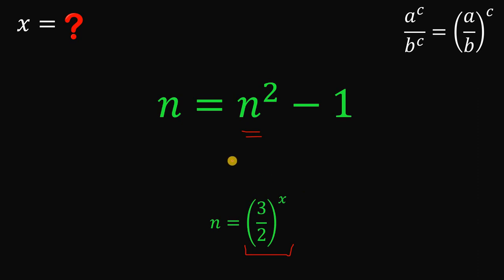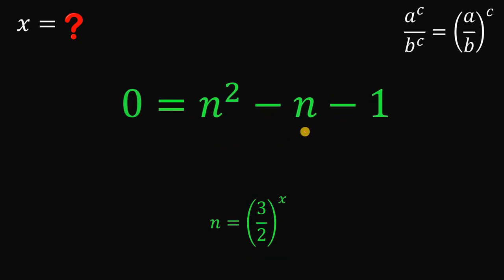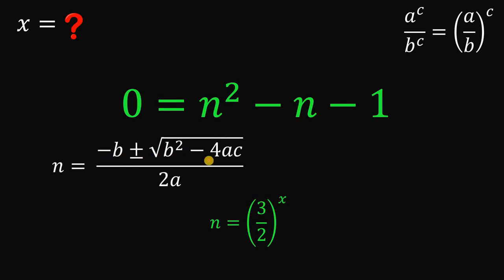Now, let's continue. Let's solve for the value of n. What we're going to do here is to subtract n on both sides. So this will give us 0 equals n squared minus n minus 1. Now, to solve for the value of n, we will use the quadratic formula: negative b plus or minus square root of b squared minus 4ac all over 2a.